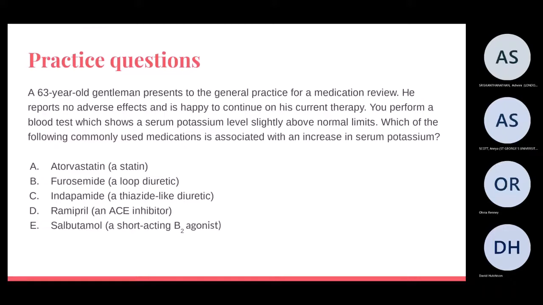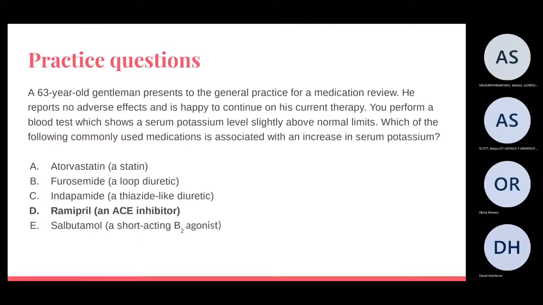Okay, so we've got some B's coming through, a C, which makes me worry that I've worded the question slightly wrong. Hopefully not. Okay, so the answer to this question is D, ramipril, an ACE inhibitor.